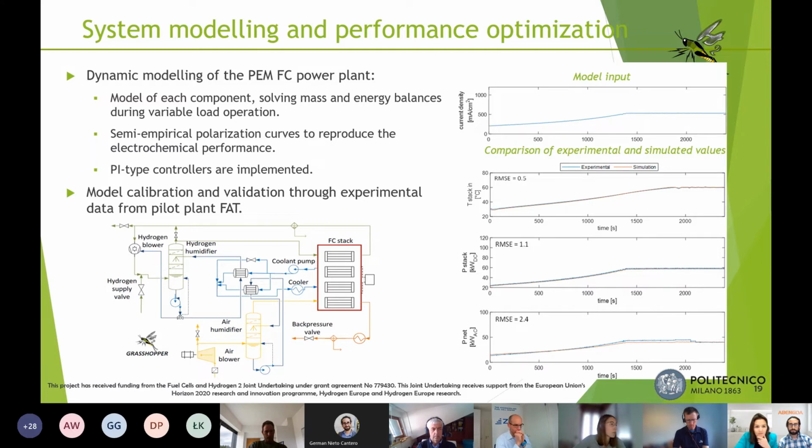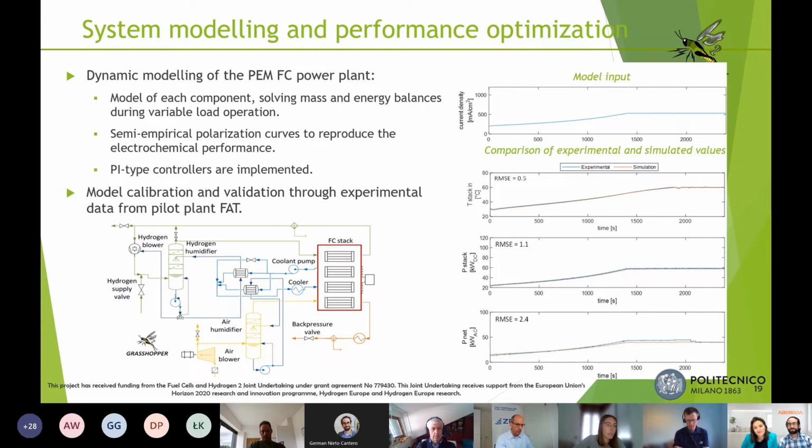The next step was the calibration. The calibration and validation of the model was performed comparing the results of simulation to experimental data collected during the preliminary test of the pilot plant.